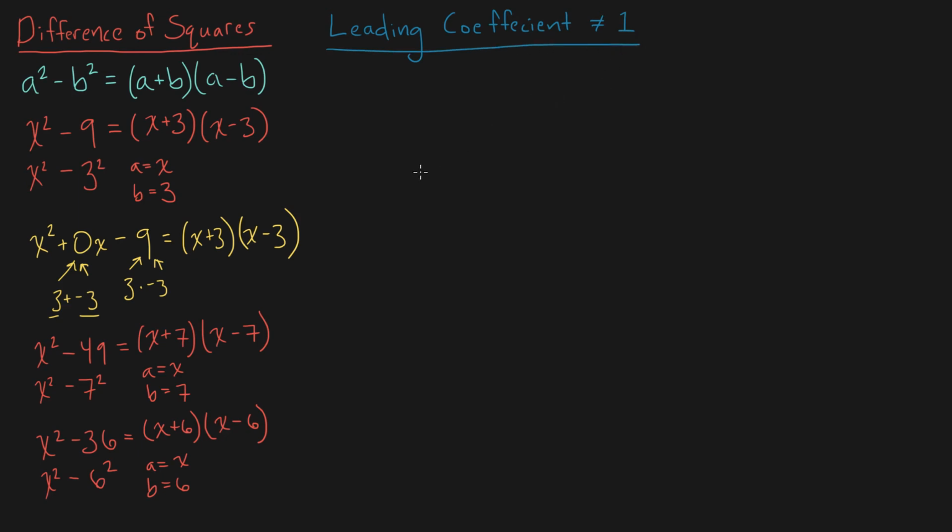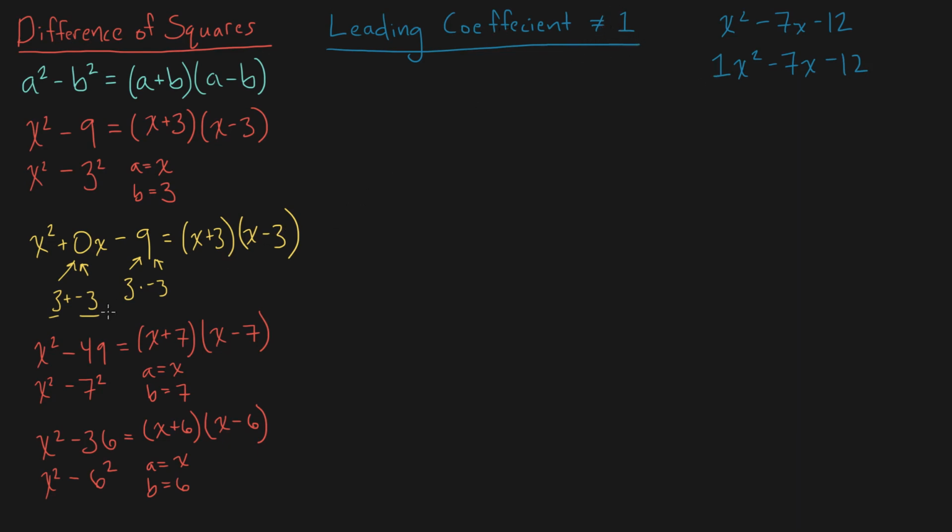So remember, if we had a leading coefficient that was equal to 1, it would look like the example I had before, x squared subtract 7x subtract 12. This has a leading coefficient of 1. We don't write it because it's implied, but if you wrote it like this, it would obviously be the same thing: 1x squared subtract 7x subtract 12.